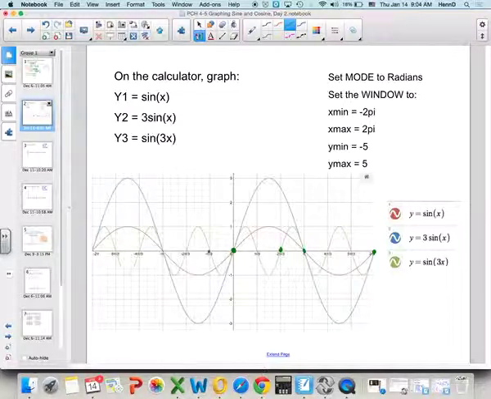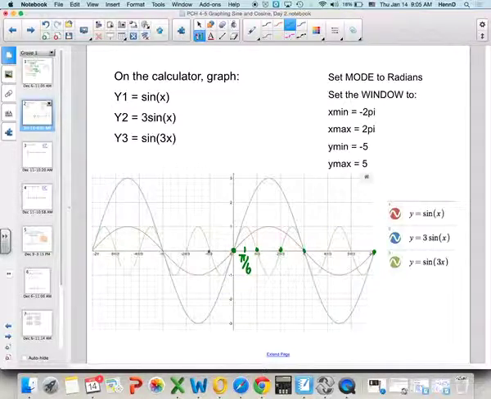So halfway between 0 and 2 pi over 3 is 1 pi over 3. Then, if I'm trying to find my max point, I'm going to find halfway between 0 and pi over 3. So what's that? Pi over 6.